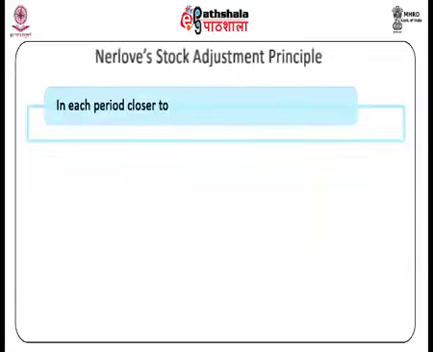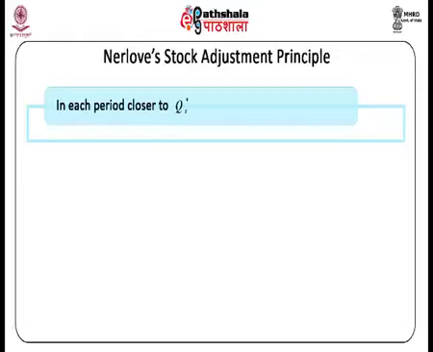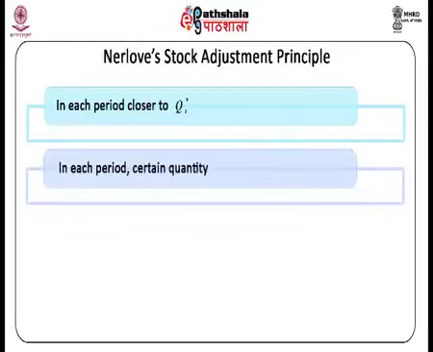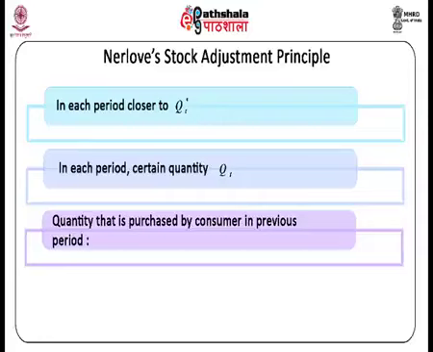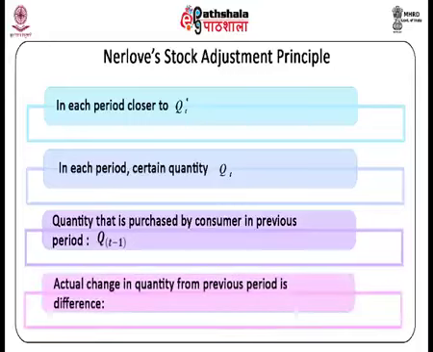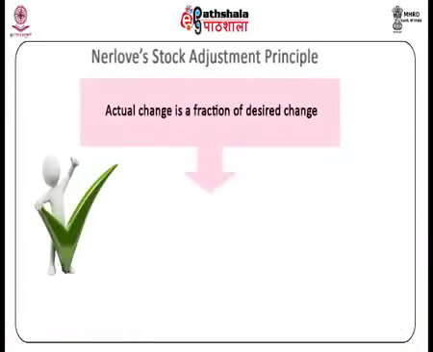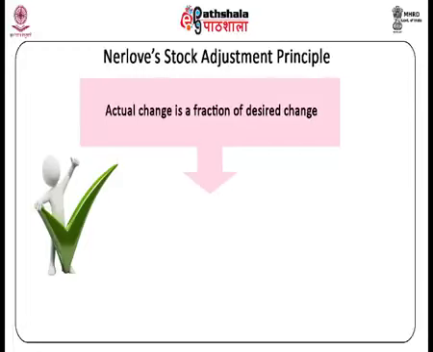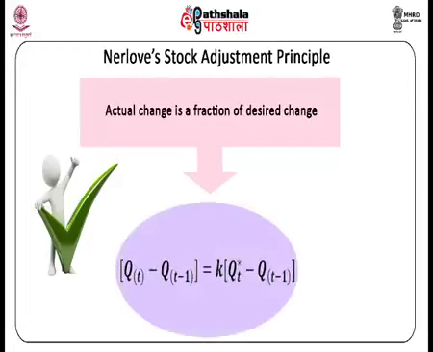So, in each period, we come closer to Qt*. In each period, the consumer purchases a certain quantity Qt. The quantity that is purchased by the consumer in the previous period is denoted by Qt-1. The actual change in the quantity from the previous period is the difference Qt - Qt-1. This change in actual purchases is only a fraction k of the desired change Qt* - Qt-1.